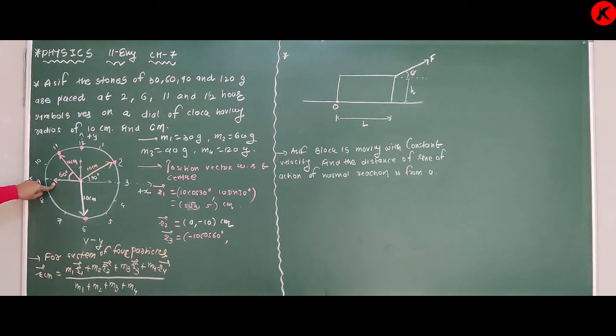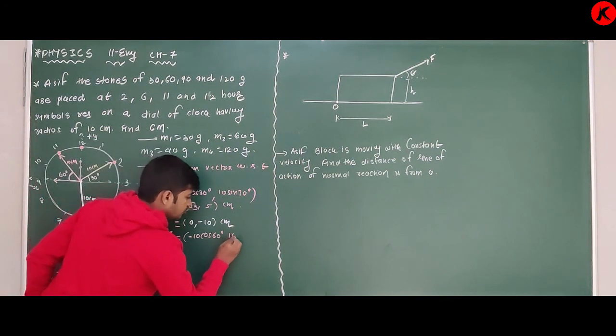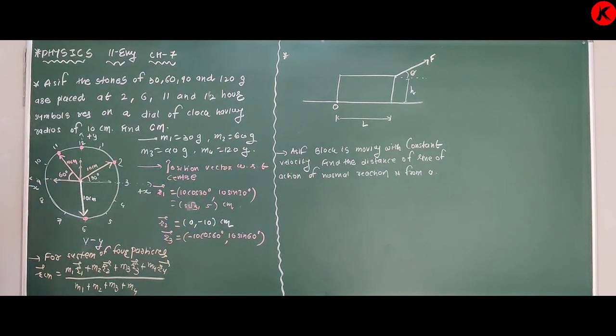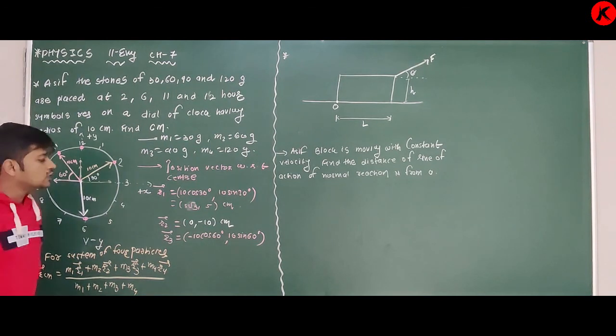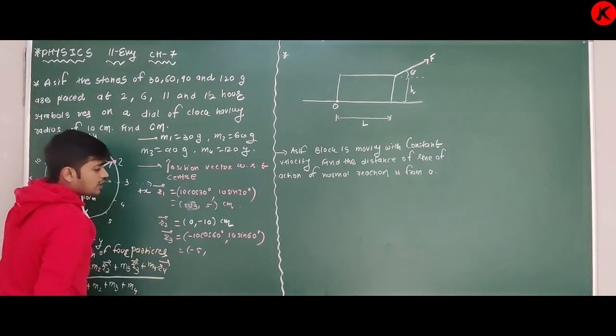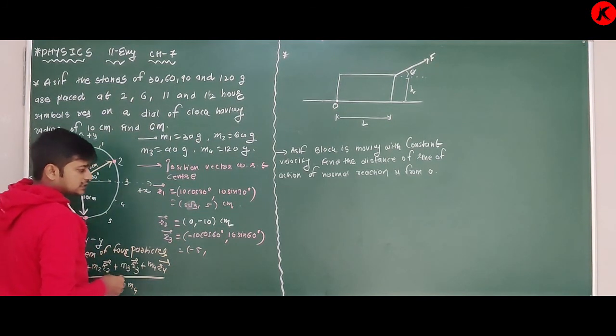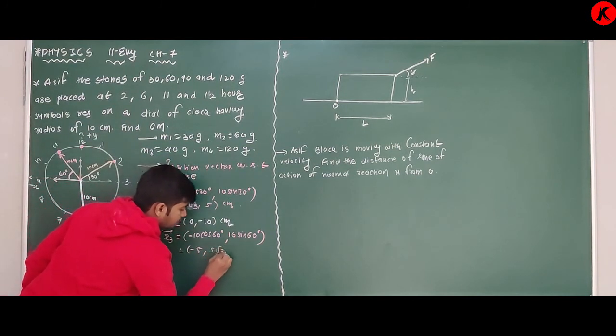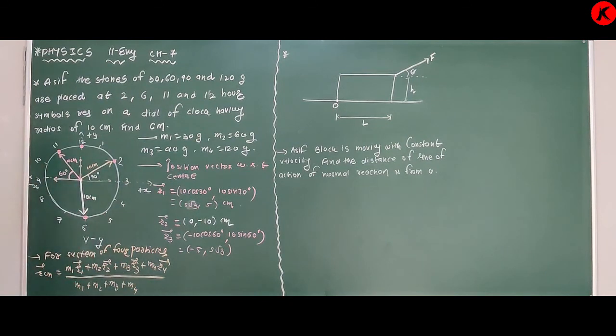And this component along positive y is 10 sin 60. Clear about this? Okay, cos 60 is 1 by 2, so it is minus 5, and 10 into sin 60, sin 60 is root 3 by 2, so it is 5 root 3. Clear about this?